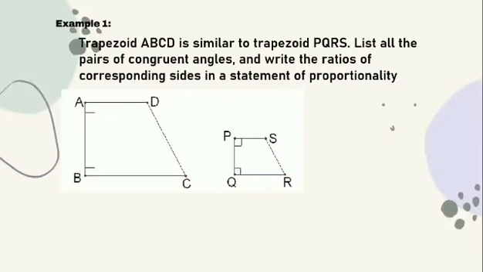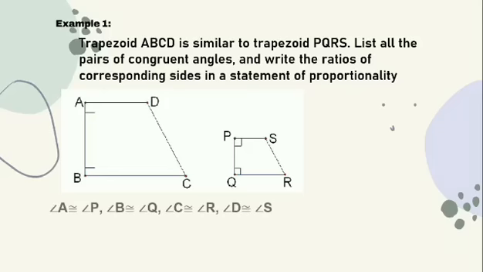Trapezoid ABCD is similar to trapezoid PQRS. So we need to list all the pairs of congruent angles and write the ratios of corresponding sides in a statement of proportionality.